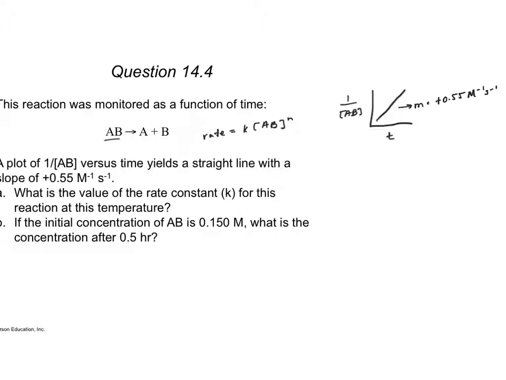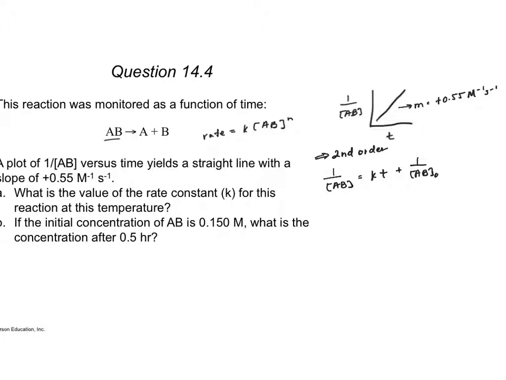Okay, so this 1 over concentration as a function of time giving you a straight line is a big indicator that this is a second order reaction. And in a second order reaction, the integrated rate law is 1 over AB is equal to K times T plus 1 over AB initial, AB naught.